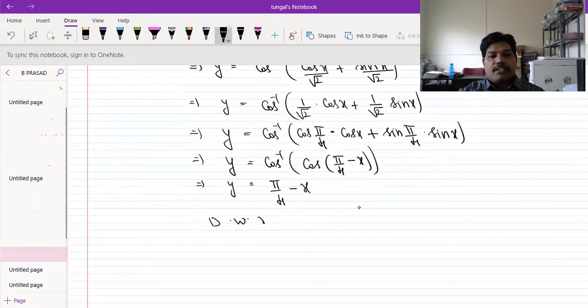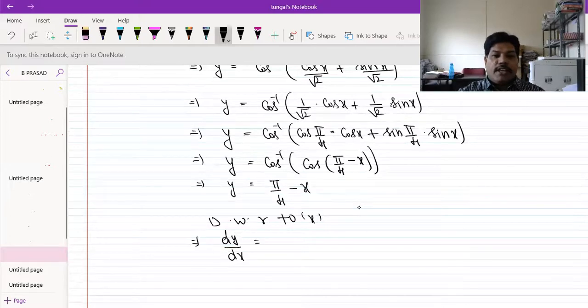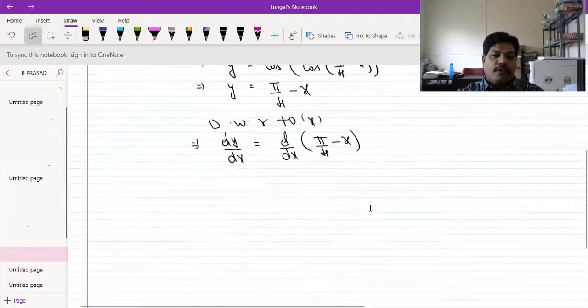Differentiate with respect to x. What happens? So that implies dy by dx is equal to the derivative of pi by 4 minus x. So derivative of pi by 4 minus x.